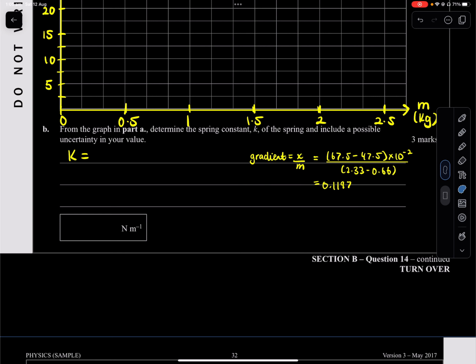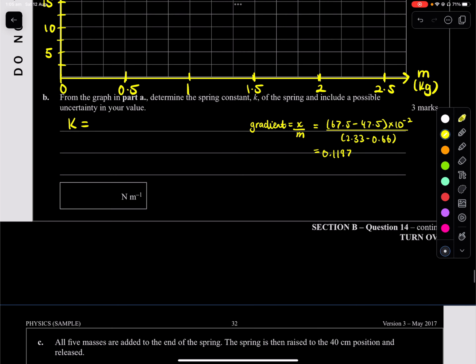What are 3 marks for that? Okay, so to get that, it's 1 over 0.1197 multiplied by g, which is 9.8. That gives you your k value.